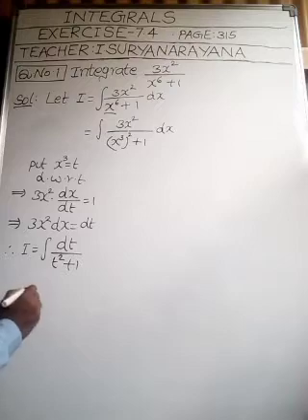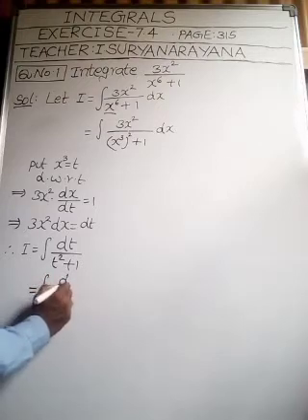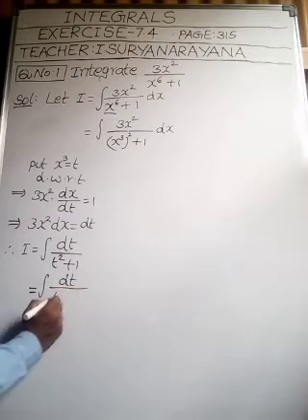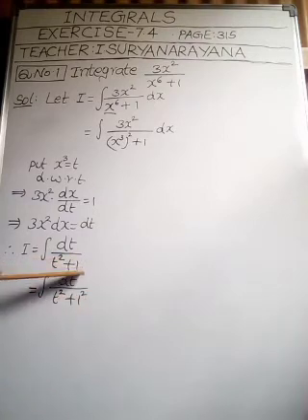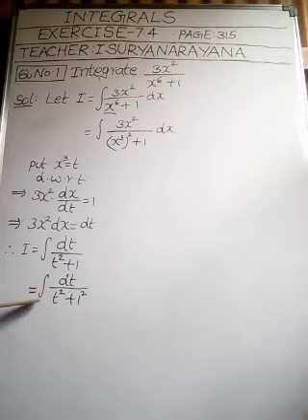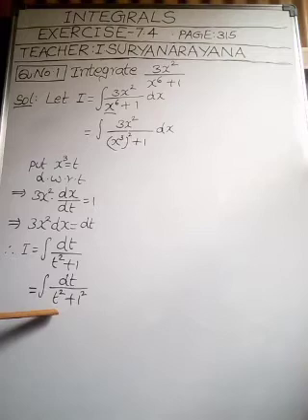Right. Now it is reduced into standard form. Integral dt by t square plus 1 can be written as t square plus 1 square. Now it is in the form of integral dx by x square plus a square. If you observe this integral, it is a quadratic expression in t.